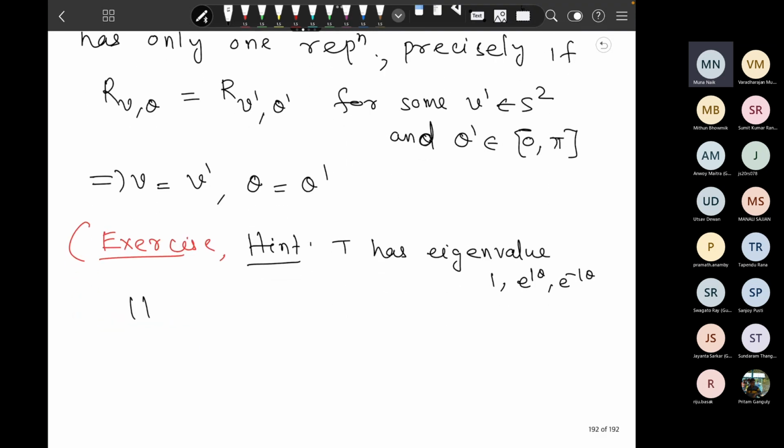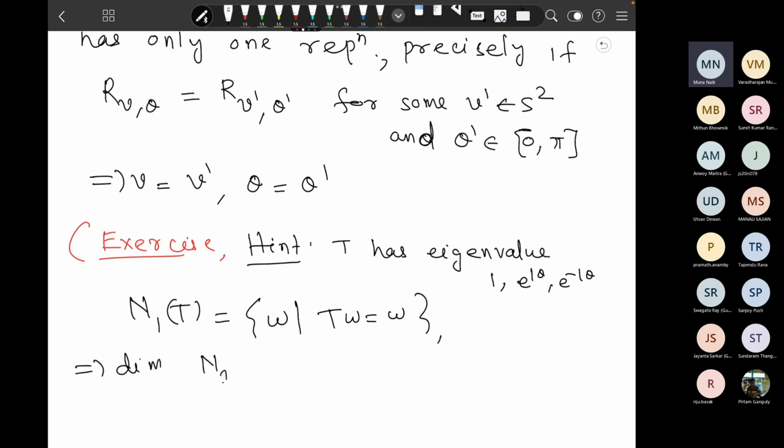If you take the null space N1(T), the set of w so that Tw is equal to w, then the dimension of N1(T) is equal to 1. This is clear because T has eigenvalue 1.